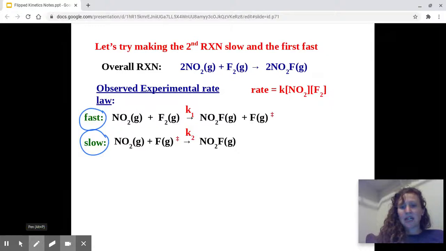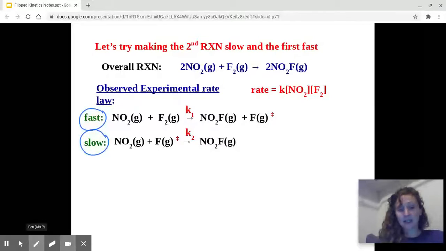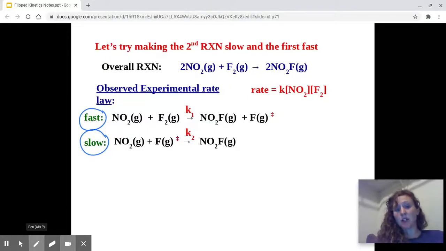Okay, so again, we have to look, does our mechanism predict the overall rate law? Does the mechanism match with the experimentally determined rate law? So again, our rate determining step is going to be our slow step. So basically what we're asking is, does the rate law we write for the second intermediate step match the rate law for the overall reaction, the experimentally determined rate law for the overall reaction?